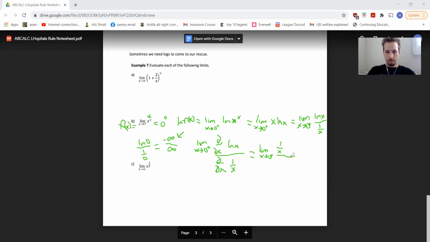And then from here, the derivative of 1 over x is negative 1 over x squared. And from here you get negative x squared over x.